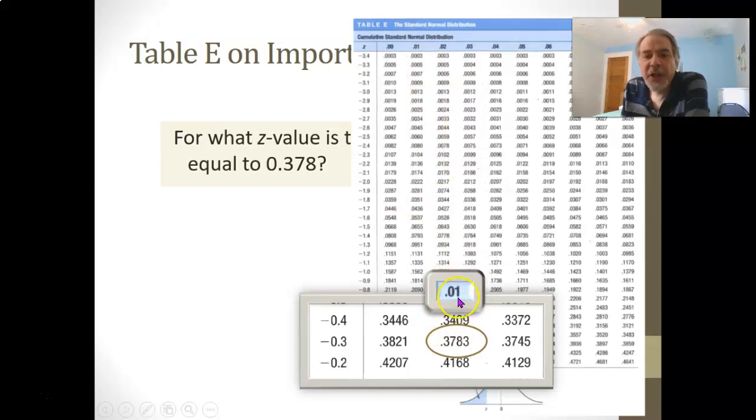So that tells me the hundredths digit. So putting those together, the z is -0.31. So that is the answer. For an area of 0.378, the z value is -0.31.